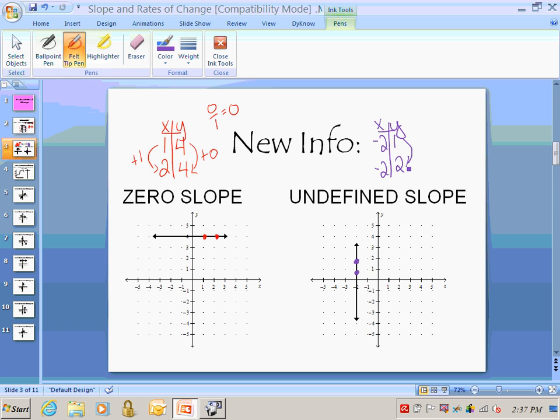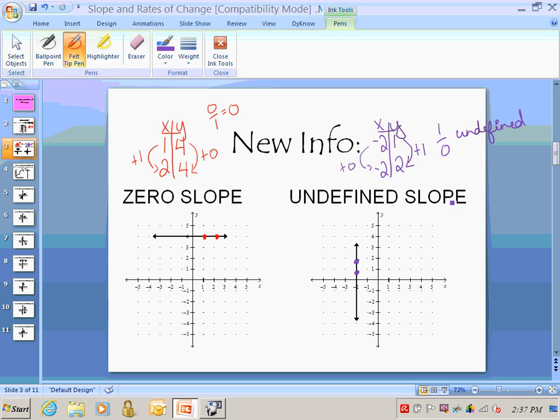So now here, I'm going up 1, and over here, I'm going up 0. So now I have 1 over 0. You cannot have a number over 0. So this is going to be considered undefined. This is an undefined number giving us an undefined slope.